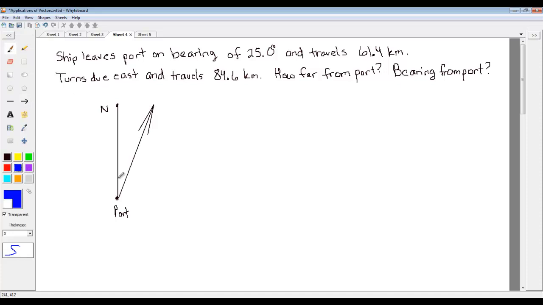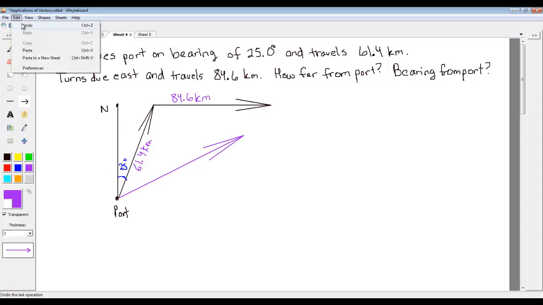So we got a bearing of 25 degrees, so in a clockwise direction from north, we're at 25 degrees. Then at that point in time, it starts traveling due east, and when it does that, it travels 84.6 kilometers. So we have to figure out how far from port it is when it's finished.